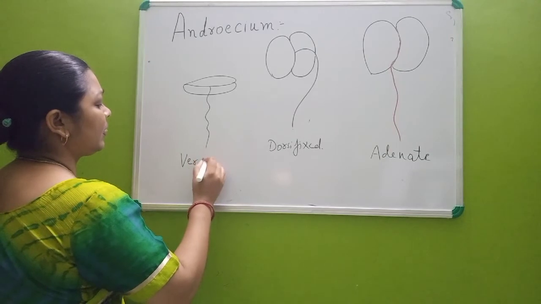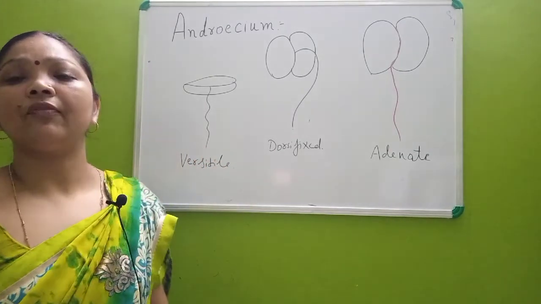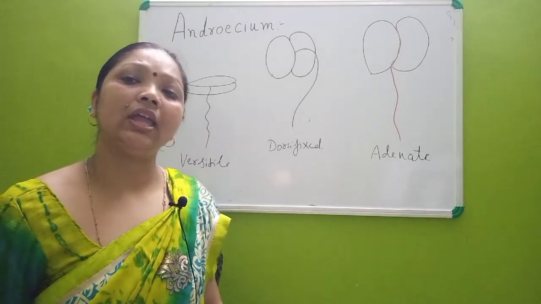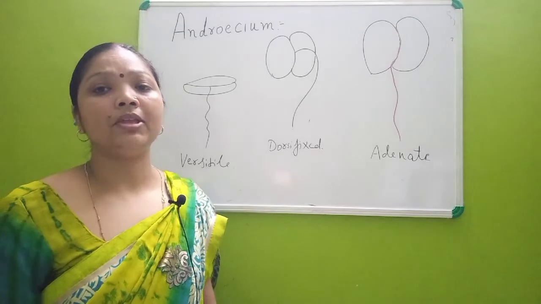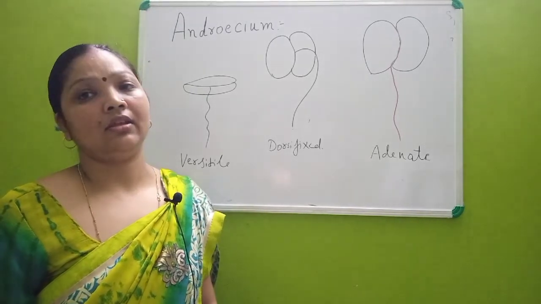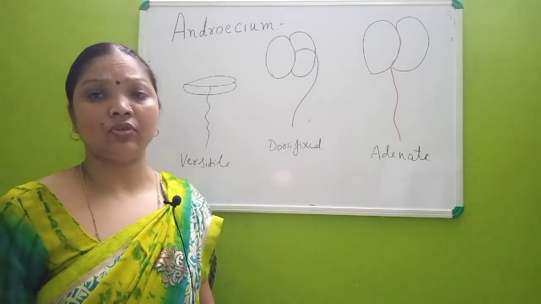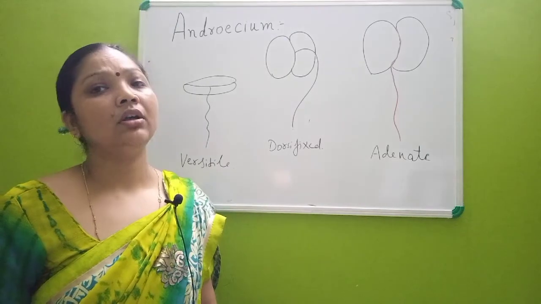This type of anther is called versatile anther. So these are the 4 types of stamen on the basis of attachment of filament to the anther.